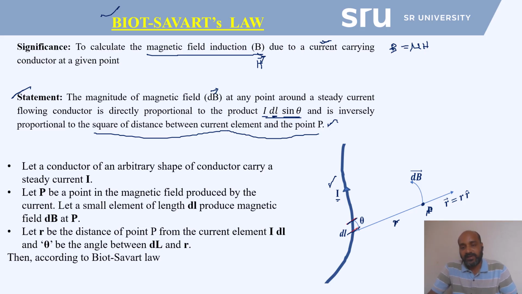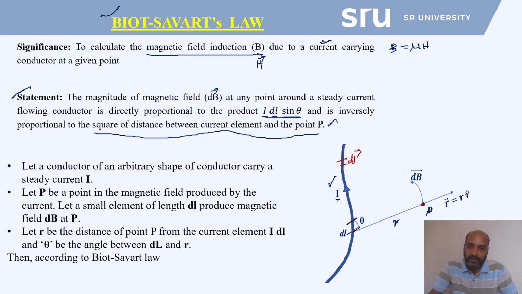What does it mean? First we take a small segment dl. Due to this small length of the current carrying conductor, first we find the magnetic field induction at point P, and later on we will integrate to calculate the magnetic flux density due to the total length.